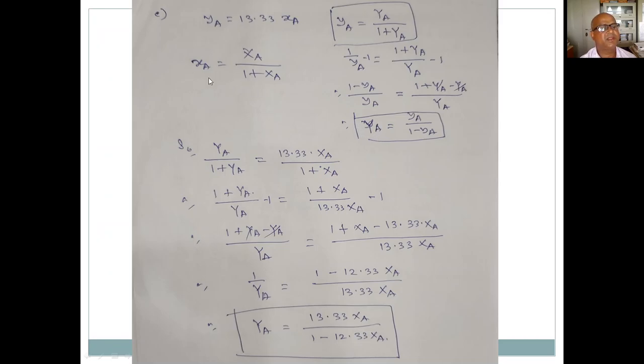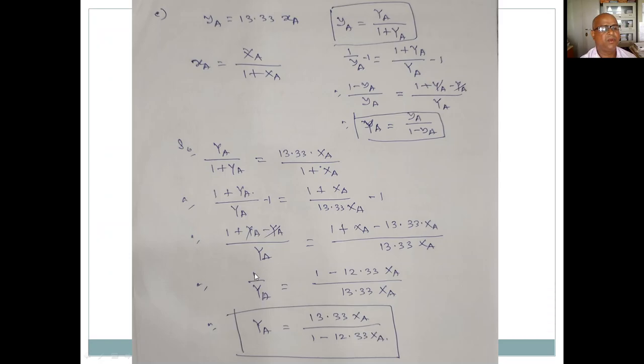Similarly, I can put Xa equal to capital Xa by 1 plus capital Xa. So for small Ya I put this one, and for 13.3 small Xa I put this one. Then I take 1 minus both sides.